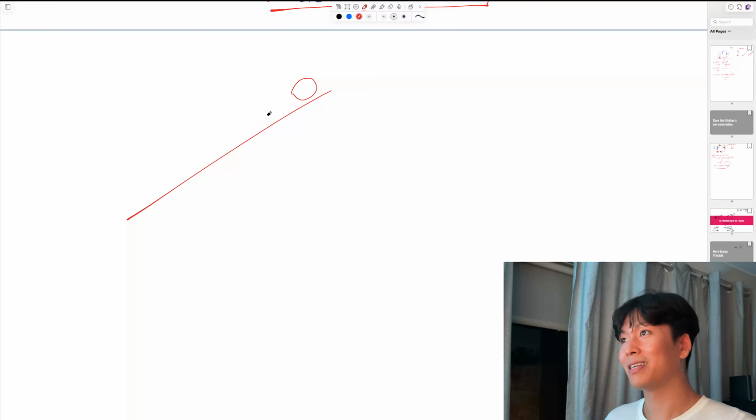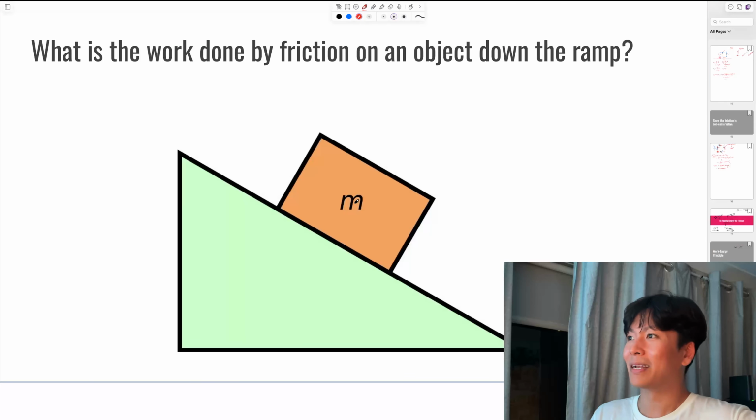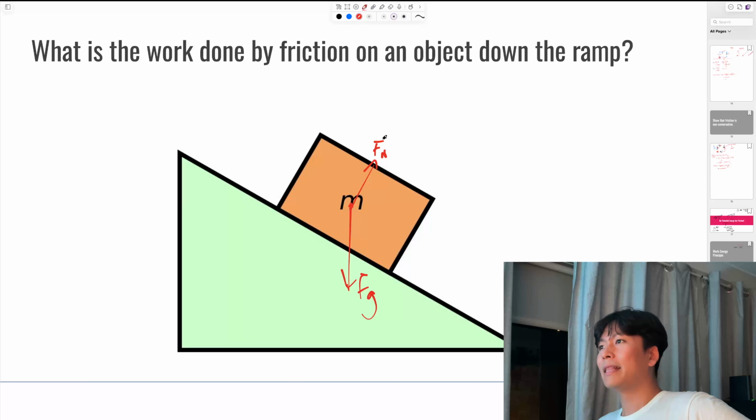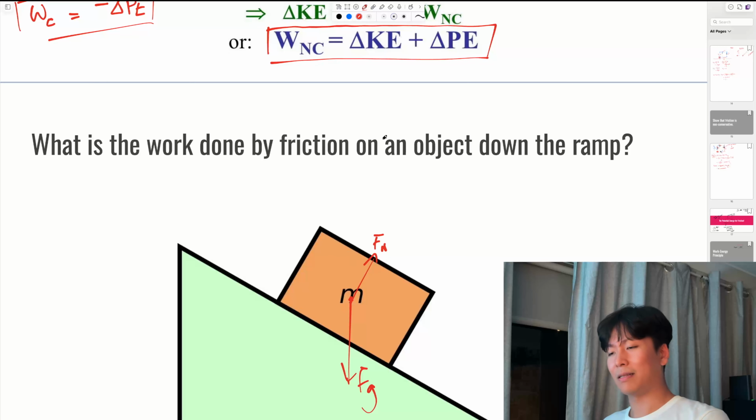Actually, I do have an object down the ramp here, without friction. So the only forces acting on this are the force of gravity and the normal force. You know what? I will leave this to you as an exercise.